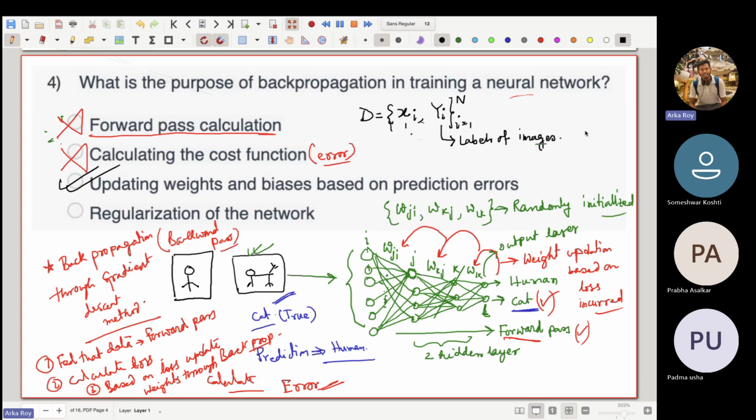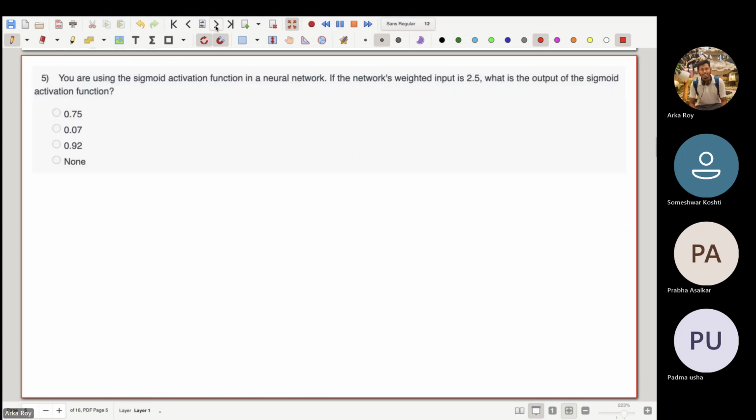So to limit those weight values, we use some sort of regularization technique so that you avoid those jerky natures. But it has no role with backpropagation, because backpropagation is solely meant to update the weights so that you do the correct classification or correct prediction of the data.